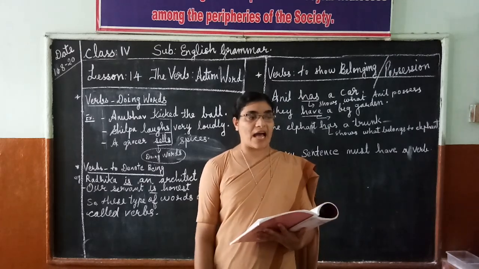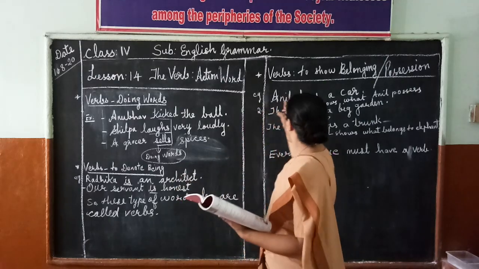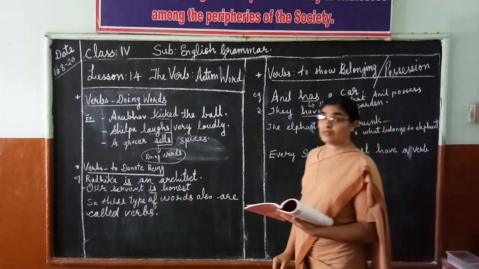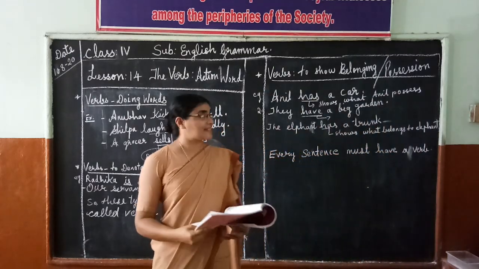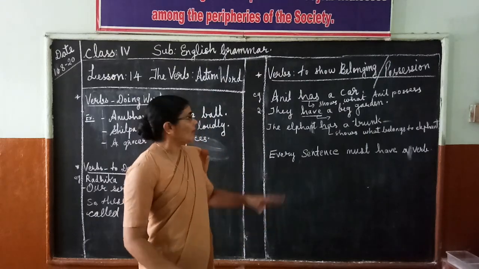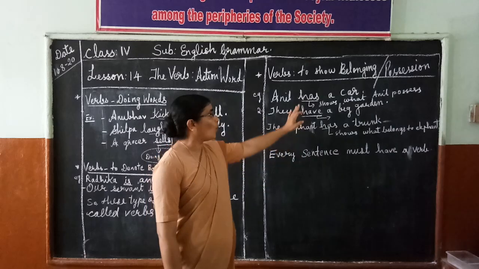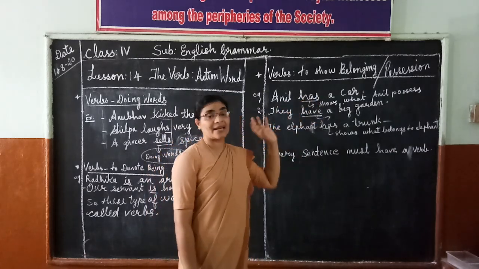Now we have verbs to show belonging or possession. Some verbs show belonging or possession. Let us see what that is. Example, Anil has a car. The word has shows what Anil possesses.